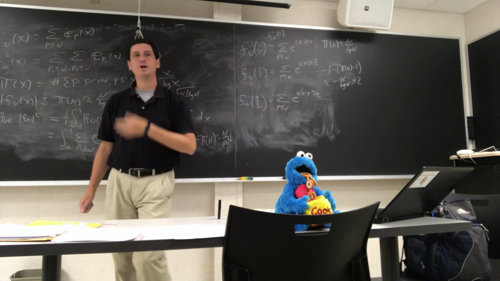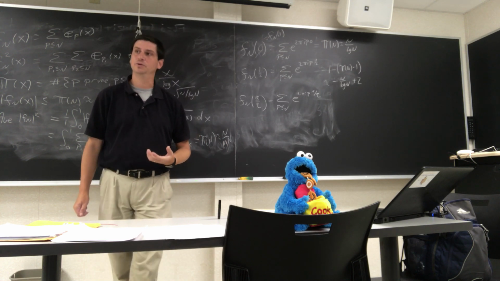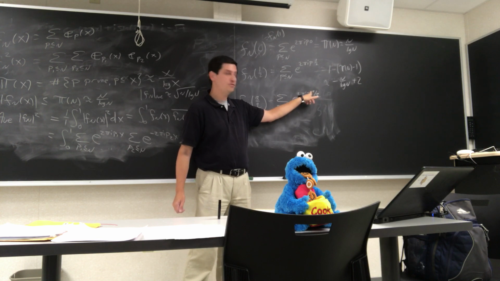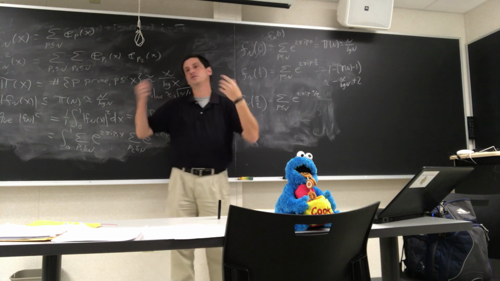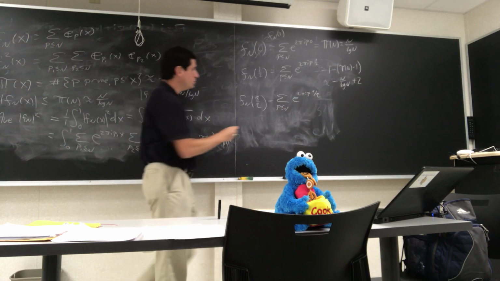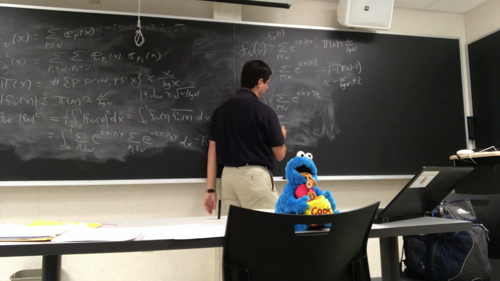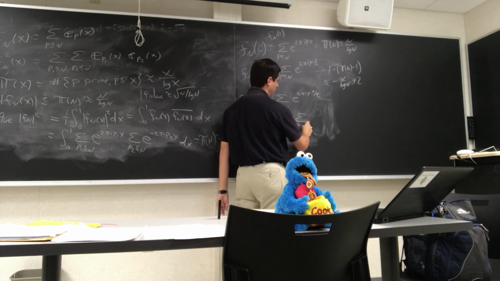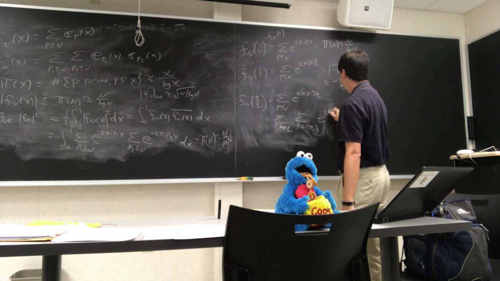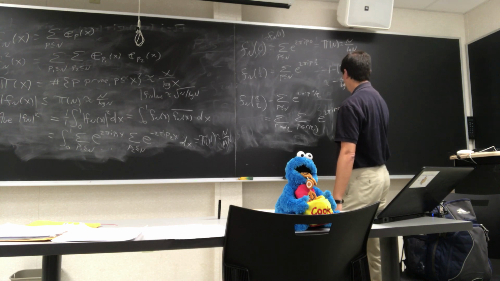Every time p increases by q, I return to the same value, because I'm dividing by q. If I increase p by 2q, I've increased this by 2 times 2πi, that's just 4πi. I've just gone an integral number of periods away. So this is going to be the same as: look at r mod q, and then sum over p congruent to r mod q of e^(2πi r a/q).